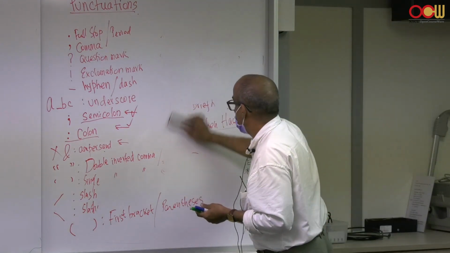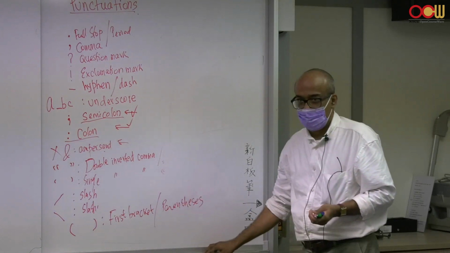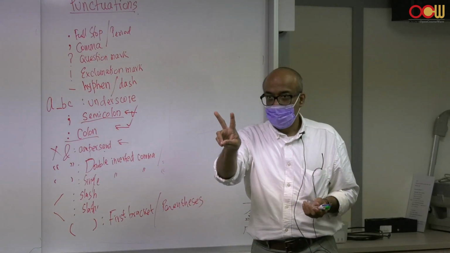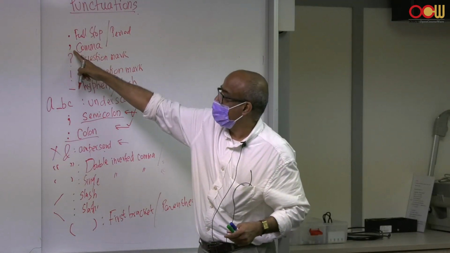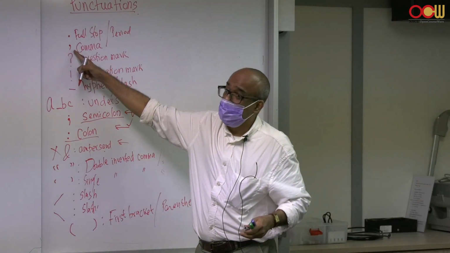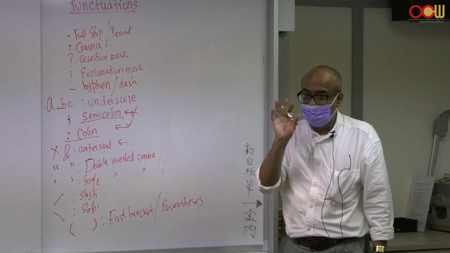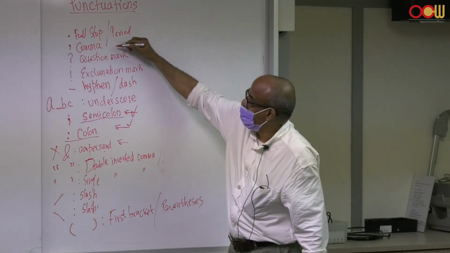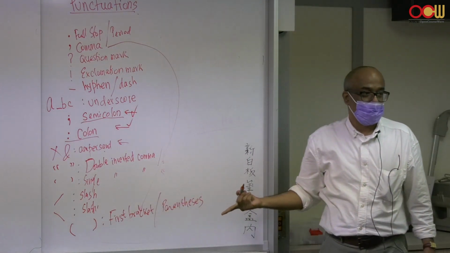I will give you one example of the use of double comma, two commas, how to use them. So this comma can be used in a very beautiful way to make your writing much smaller. I will use two commas, which will be very similar to the parenthesis.